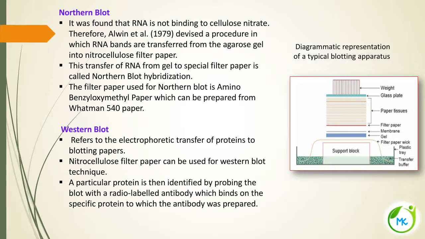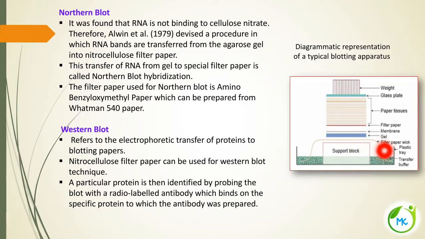Here is the diagrammatic representation of a typical blotting apparatus. As we already told you, the tray will have the buffer, and here we place a filter paper wick for the alkali buffer to travel to the gel.